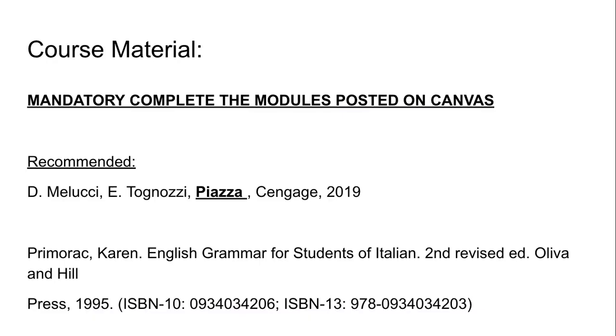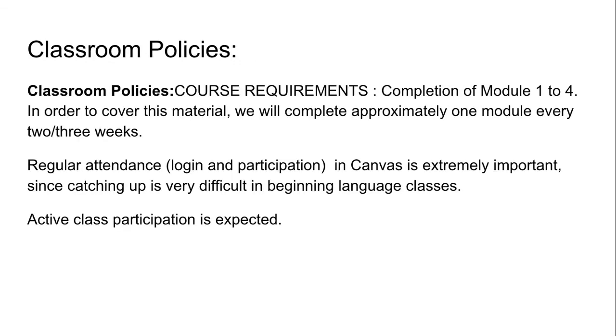For the syllabus, you find the material that is due, that is mandatory, and we don't need to buy a book, but if you want to have a book, this is a good book, but it's mandatory to complete the modules posted on Canvas. And then please check the student learning outcomes. This is what you need to know in order to pass this class.